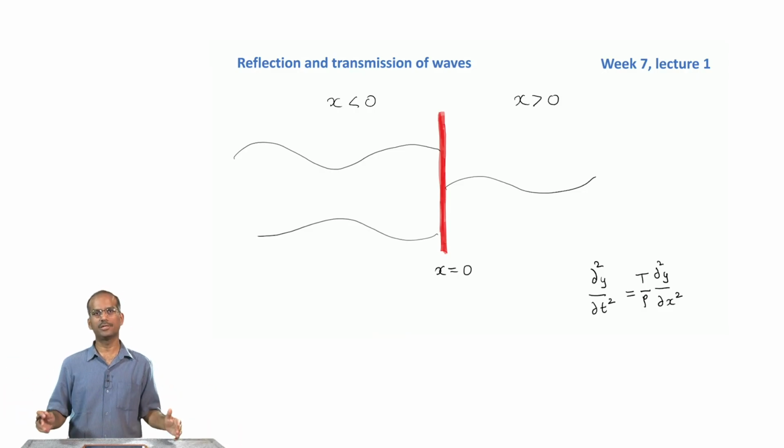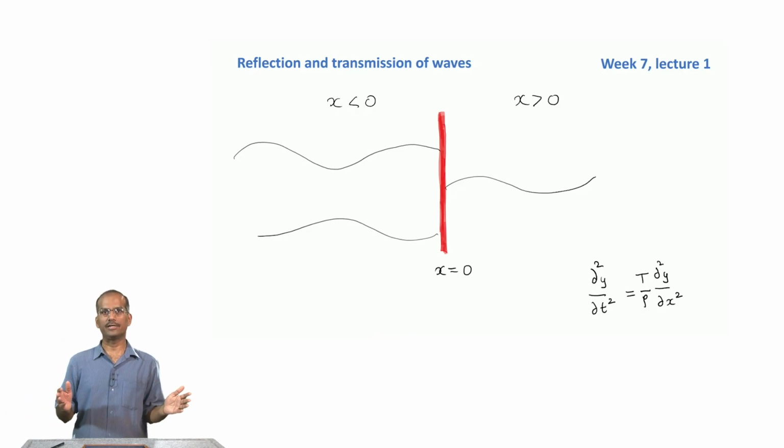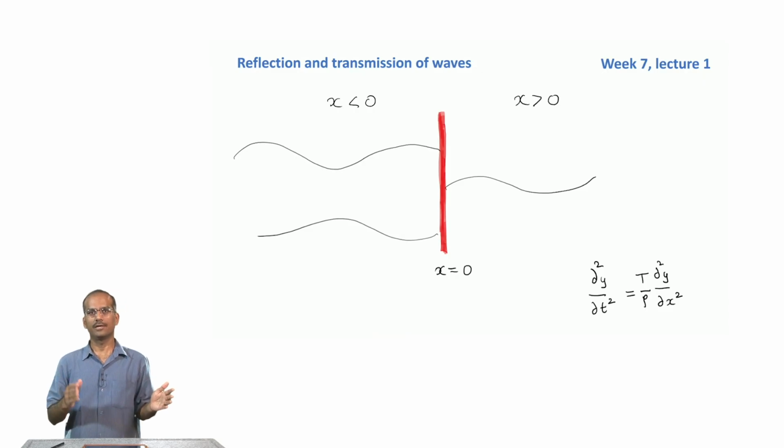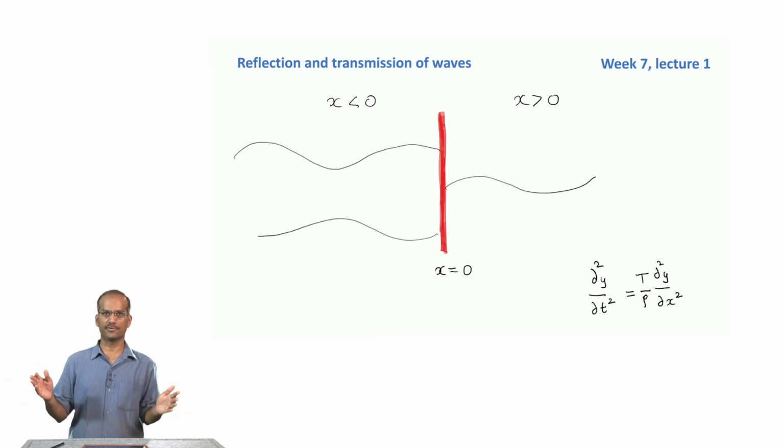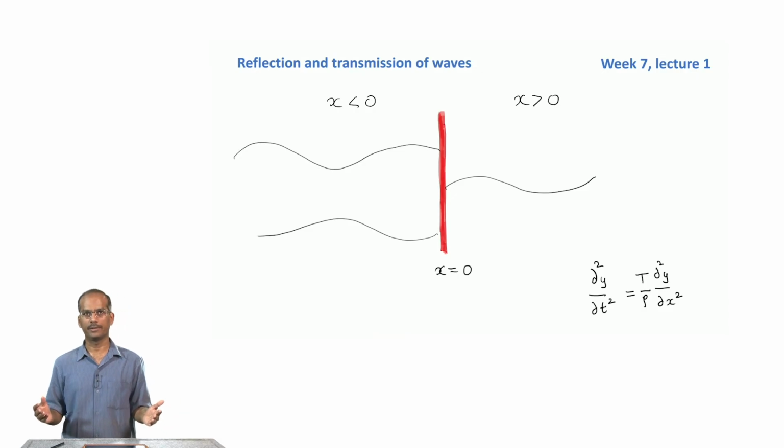So, it is possible that, for example, you could have maybe a thin string for x less than 0 and a much thicker string for x greater than 0. So, suddenly the wave finds itself in a different medium when it crosses from x less than 0 to x greater than 0. That is one sort of example you could keep in mind.